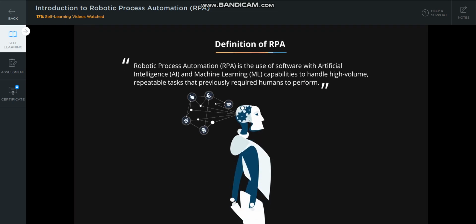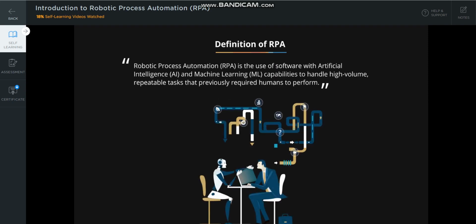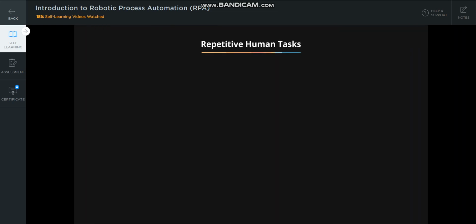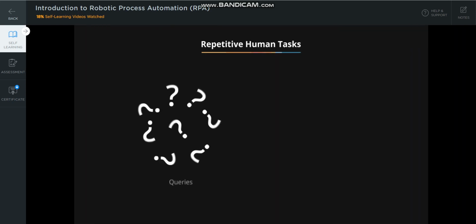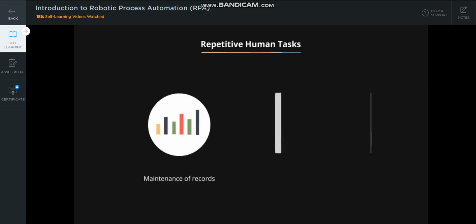Robotic Process Automation, or RPA, is the use of software with artificial intelligence, AI, and machine learning, ML, capabilities to handle high-volume, repeatable tasks that previously required humans to perform. Some of these human tasks are queries, calculations, and maintenance of records and transactions.